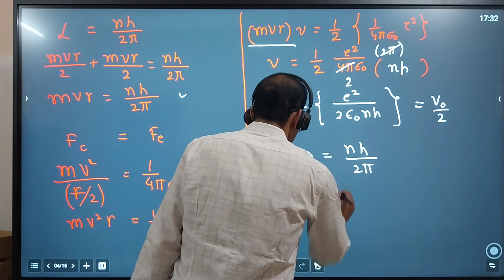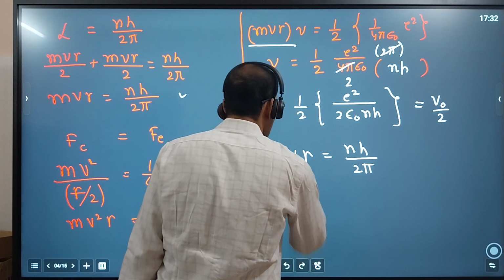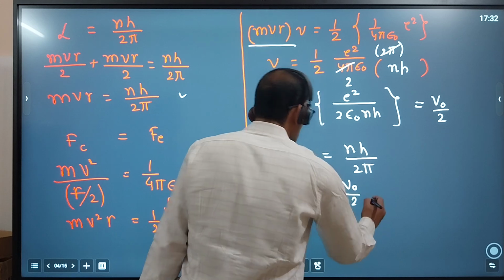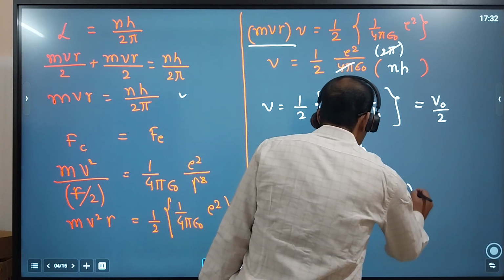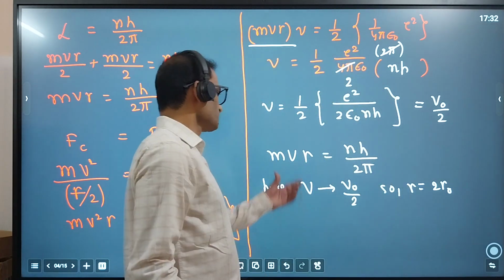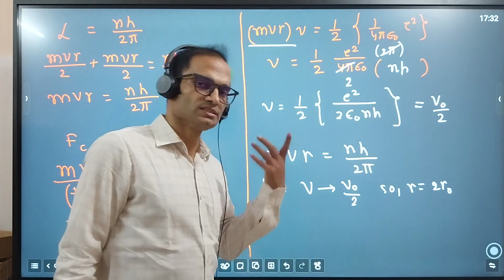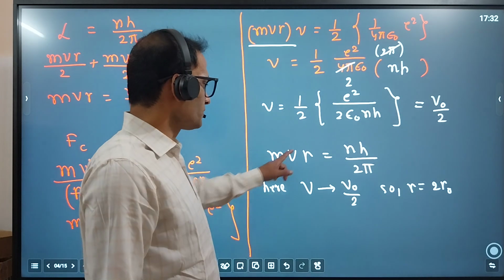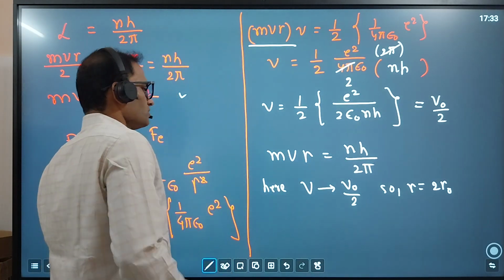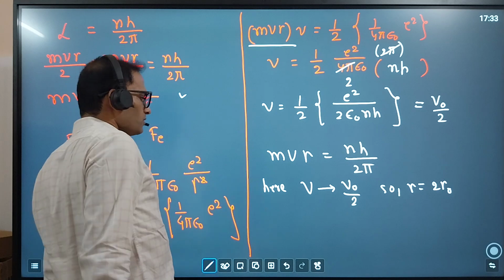Here v is v naught by 2, so r will be 2 r naught, because we want this product to be same. So one quantity is halved, other quantity is doubled. So we found r also.